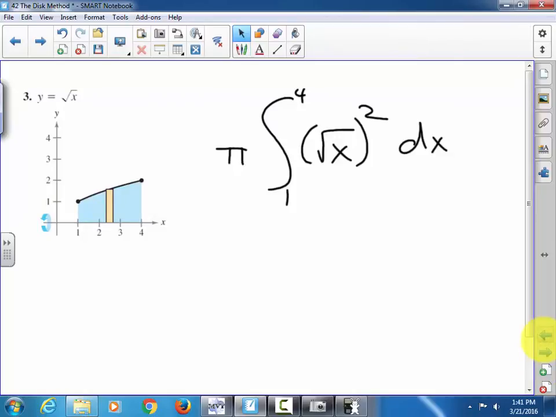Now, just something for you to think about. Take that thing right there and rotate it around the y-axis. Isn't it the same thing? We just flip it, like instead of y equals square root of x, we just do it with x equals y squared. Okay. How we do it in our integration is from 1 to 4.